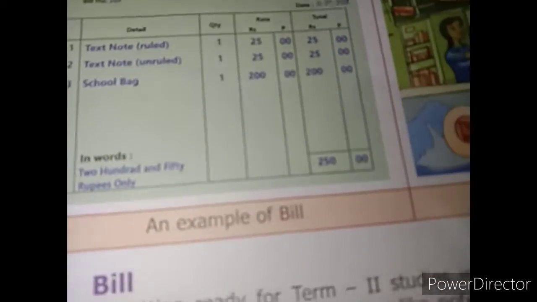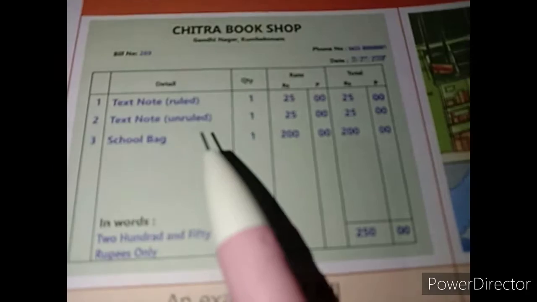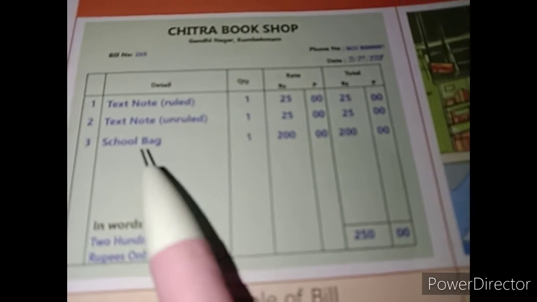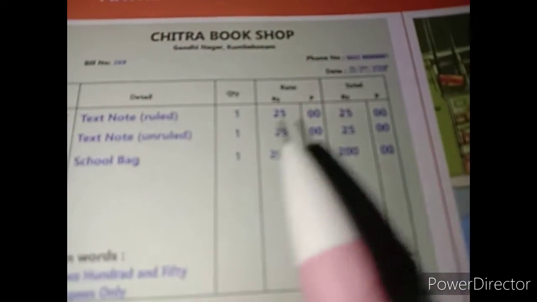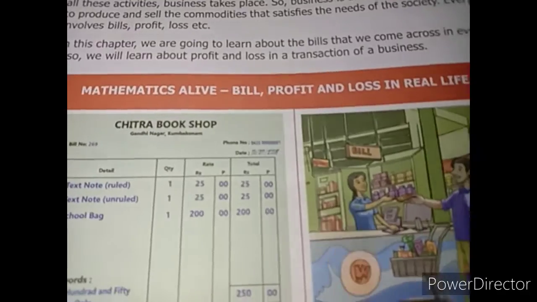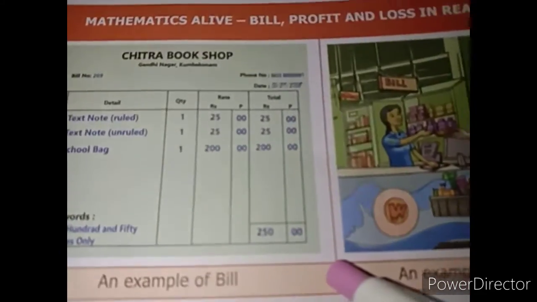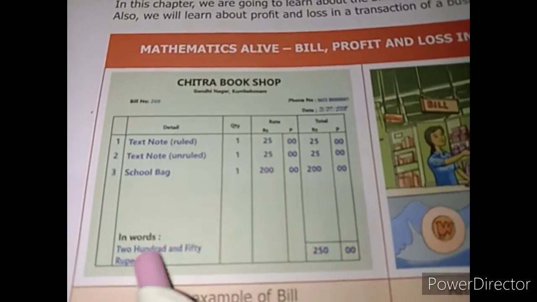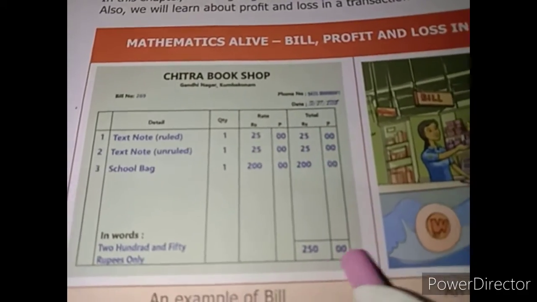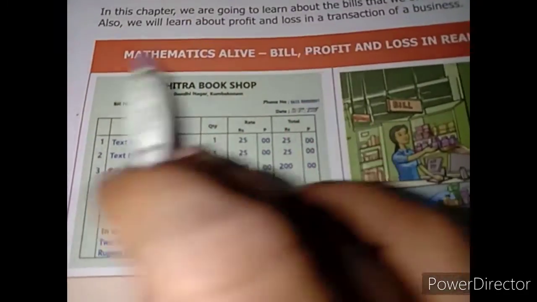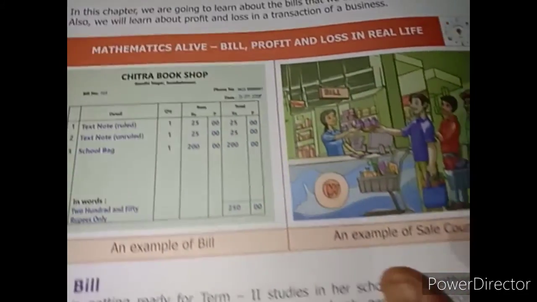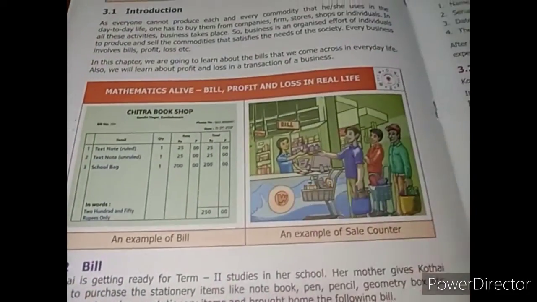They have bought text notes, one ruled and one unruled, and a school bag. The quantity is given, then the rate, and the total amount to be paid, in words and also in numbers. So this is a small bill. You would have seen this.